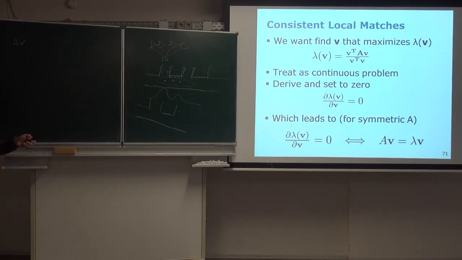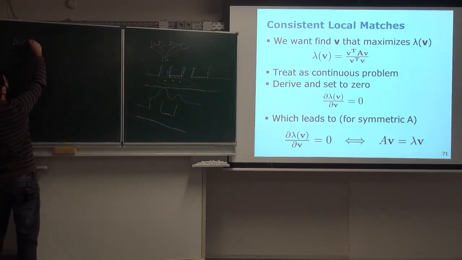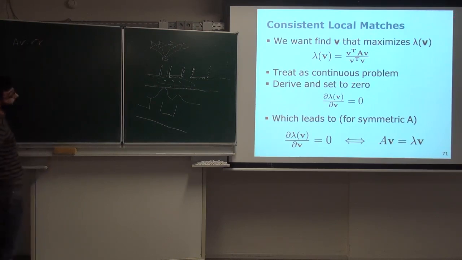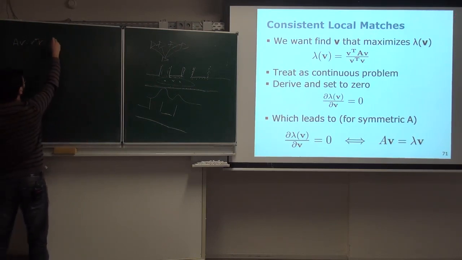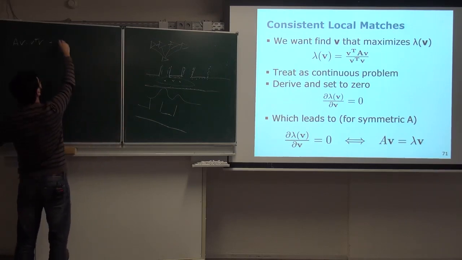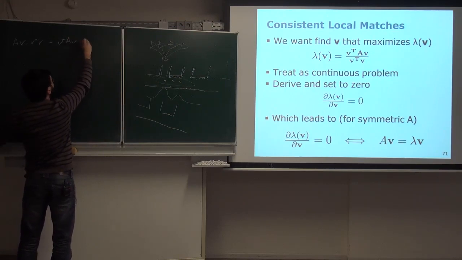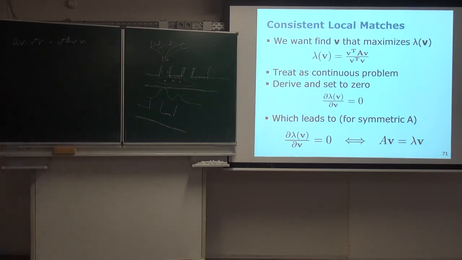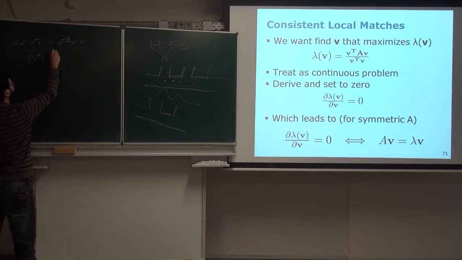And then we need to multiply by the thing down, so times V transpose V. We take the minus and the other way around. So we have then V transpose AV times V. Take the derivative of the down things, and we divide them by V transpose V squared.